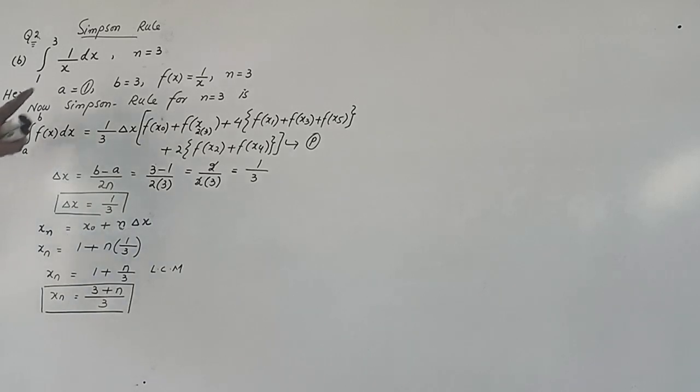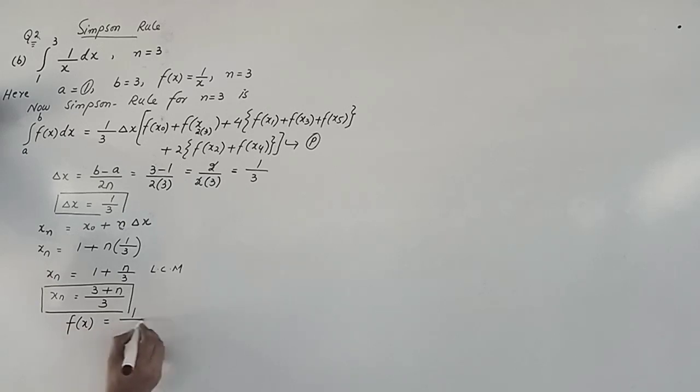Now since f of x is equal to 1 divided by x, f of x n is equal to 1 divided by x n.